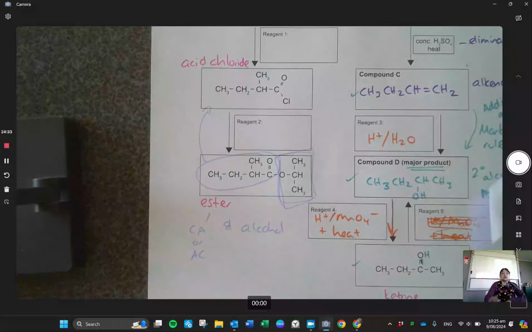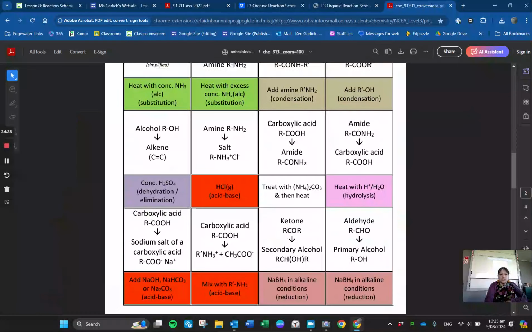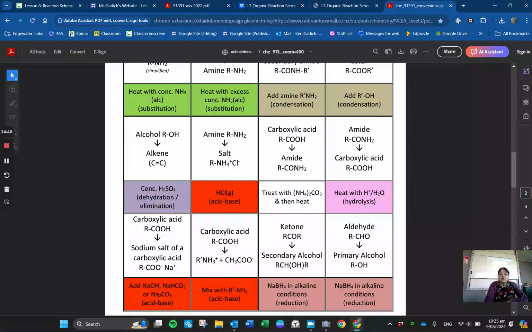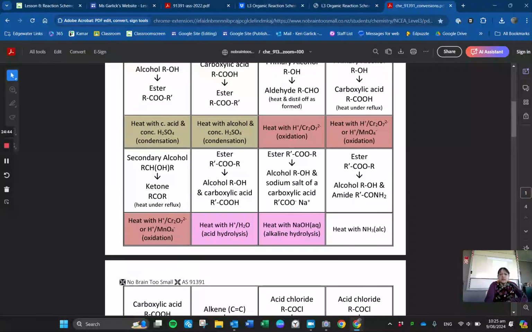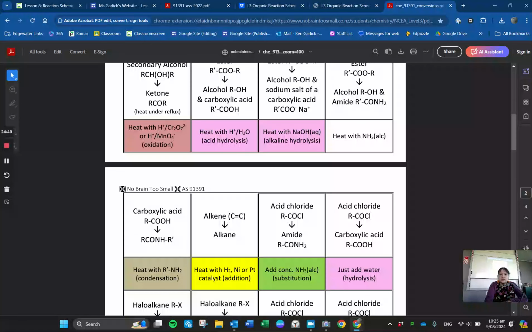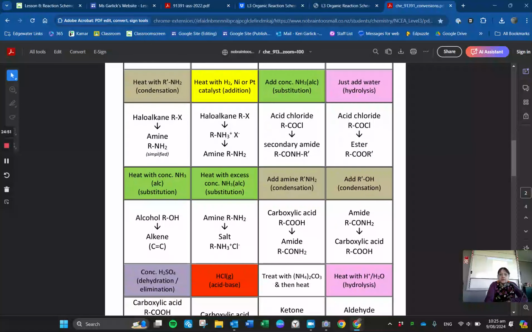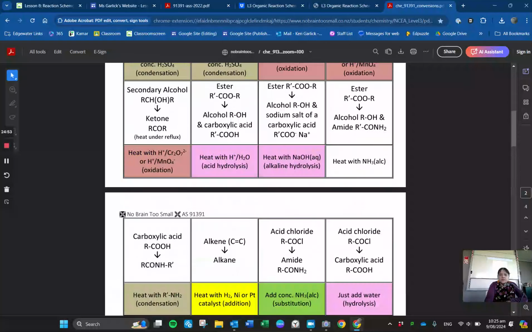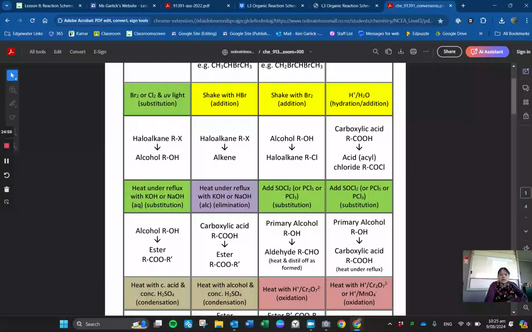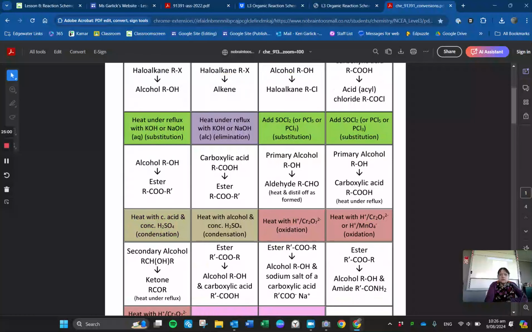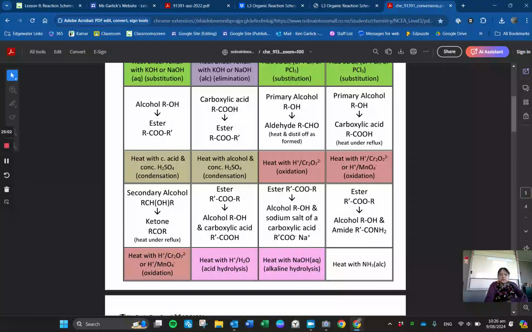Let's look at how acid chlorides become esters. Again, we'll look at our little flashcards, and we're looking for acid chloride and esters. Oh wait, that's the backward reaction. We want the forward reaction. Ester, page 2, yeah.